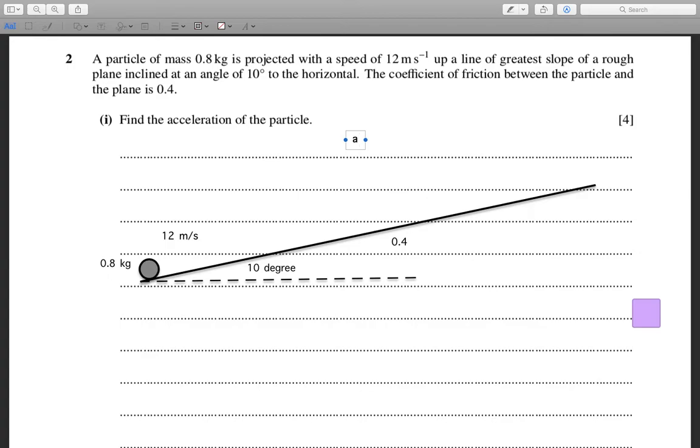Okay, let's say A equals F divided by mass. Then if we know F is mg sine theta, theta is 10 directly, and this is divided by mass.